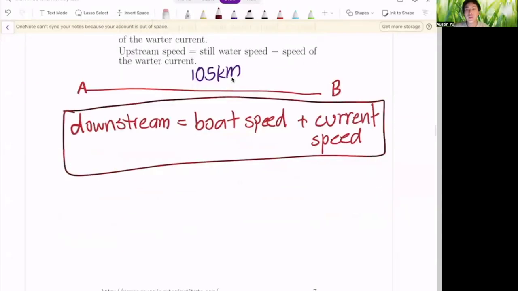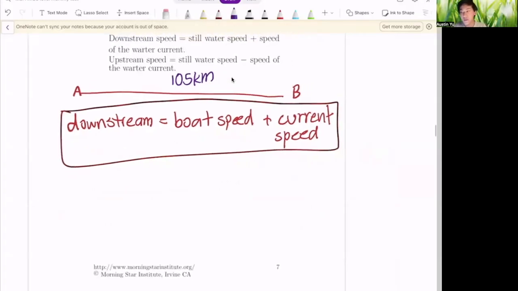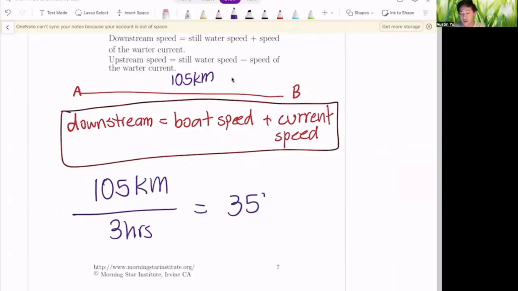And now we have to use the formula for speed, right? Speed is just distance over time, like we learned before, which means that if the distance is 105 kilometers and we divide it by 3 hours, this would give us 35 kilometers an hour, the actual downstream speed. So this is the downstream speed.